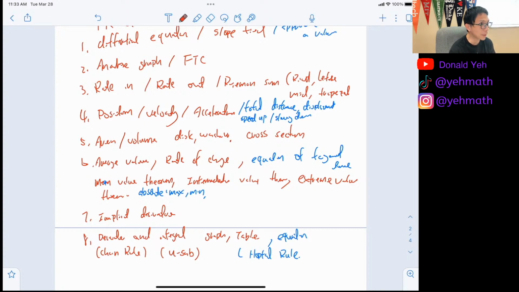All those should be scattered throughout different questions. 7, implicit derivative. You will have some implicit derivative. Sometimes it could be the whole question. Number 8, derivative and integral of the graph, table, and equation. This usually deals with chain rule, substitution, L'Hopital's rule. So that's kind of a crash course on the FRQ.